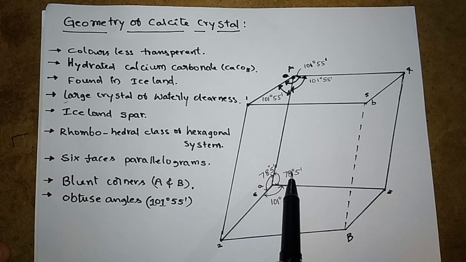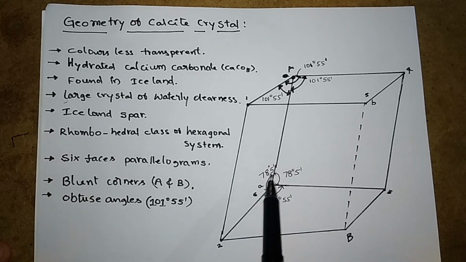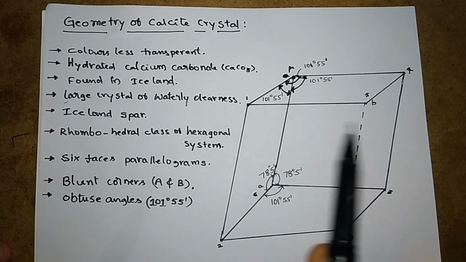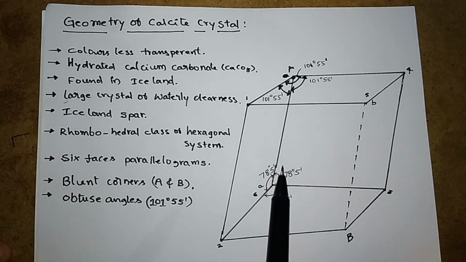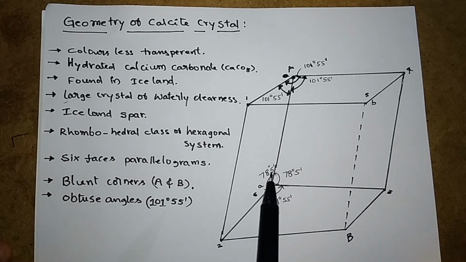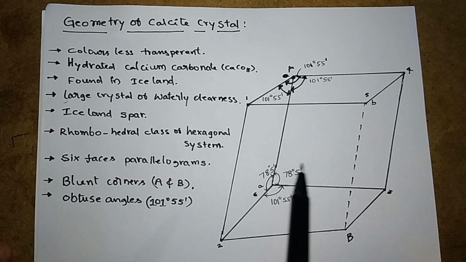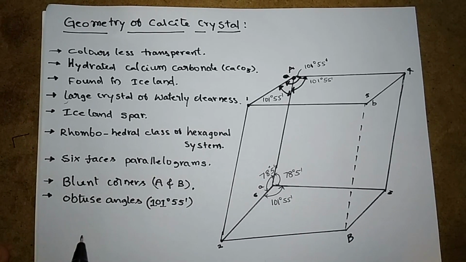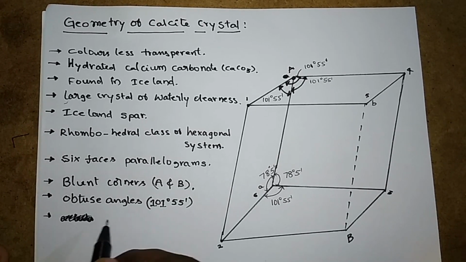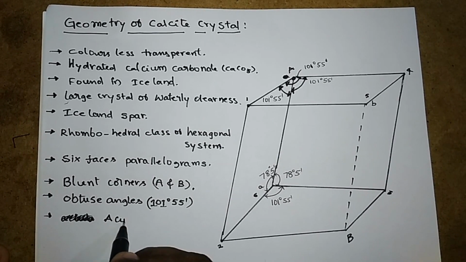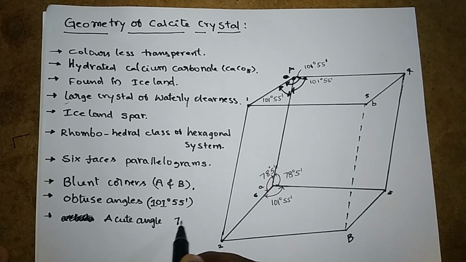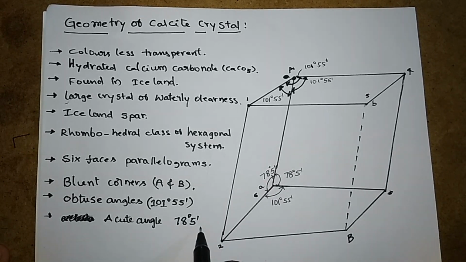Acute angles means small angles, 78 degrees 5 minutes. Okay. At the rest of the 6 corners, one is an obtuse angle and the others are acute angles. Here is an acute angle, 78 degrees 5 minutes.